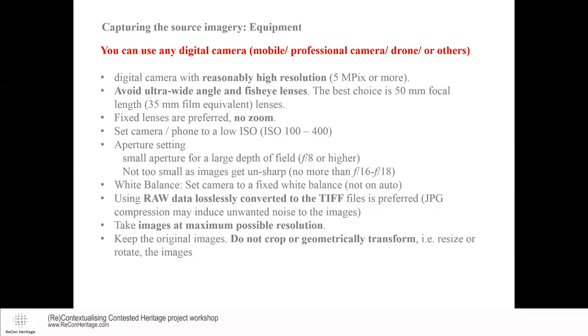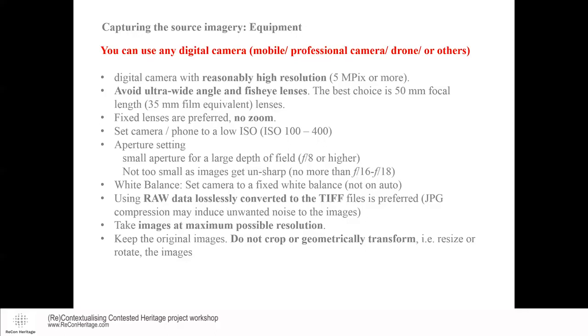If your camera will support it, then recording either RAW or TIFFs and then converting them to TIFFs helps, but on most cameras that may not be possible, and you can use JPEGs, which is what most phone cameras, for instance, will create, and they'll work reasonably well.